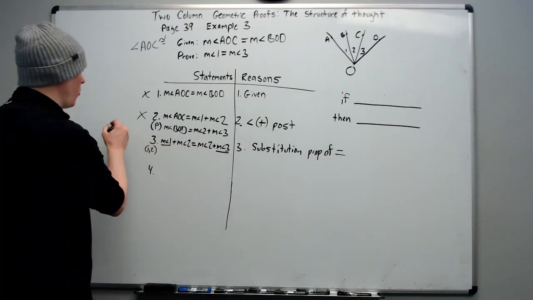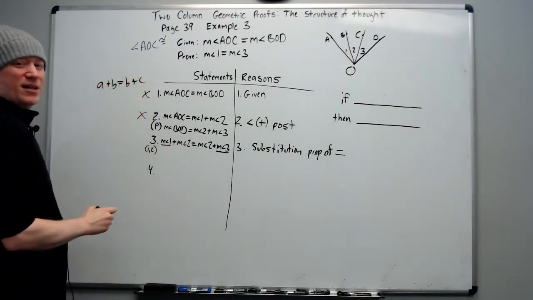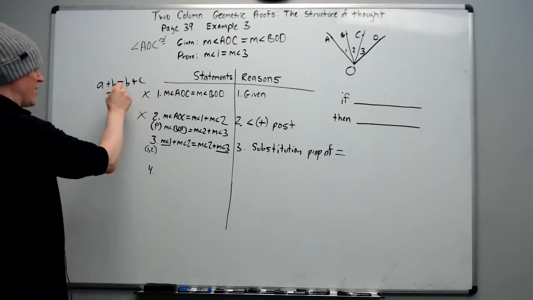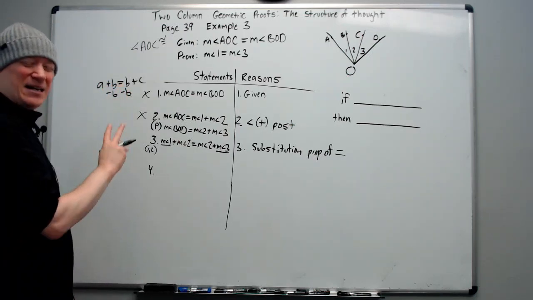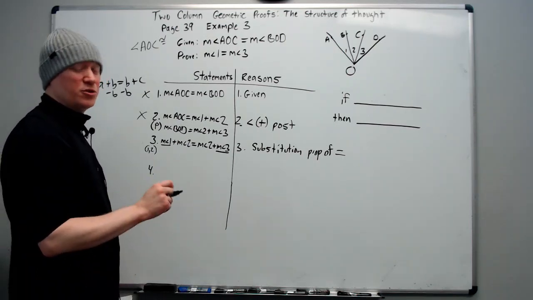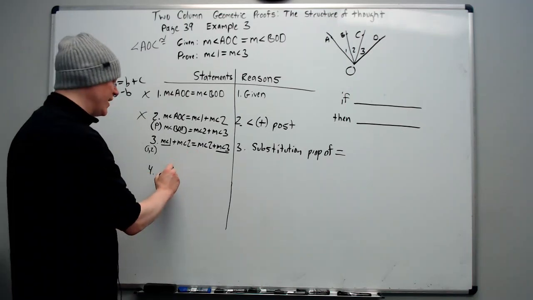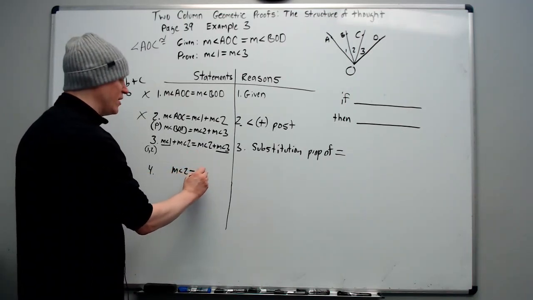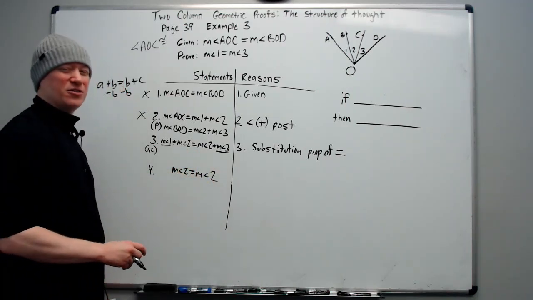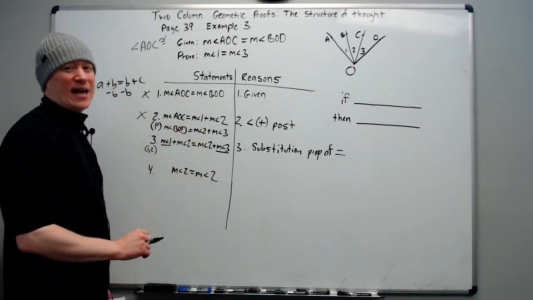Now, if this was an equation, you could say something like a plus b equals b plus c, and you would now subtract b from both sides if it had numbers and stuff. But with geometry, it's usually true for most teachers, they want you to state that measure of angle 2 is actually equal to measure of angle 2. Even though it's kind of obvious in your mind, in a proof you usually have to state it.